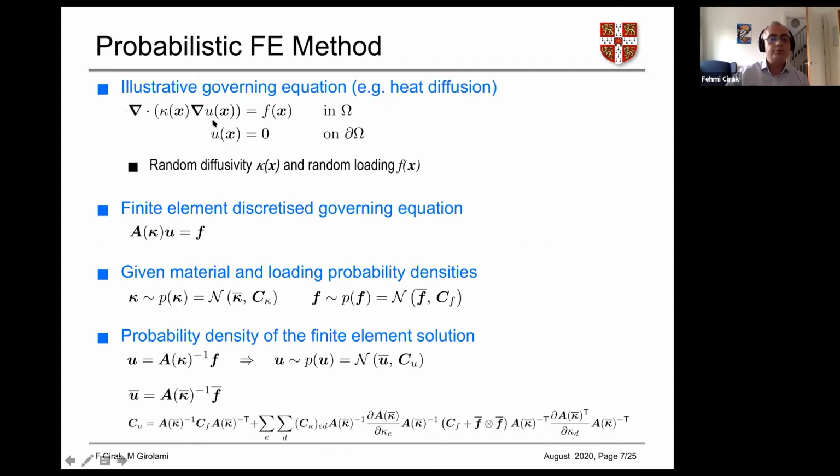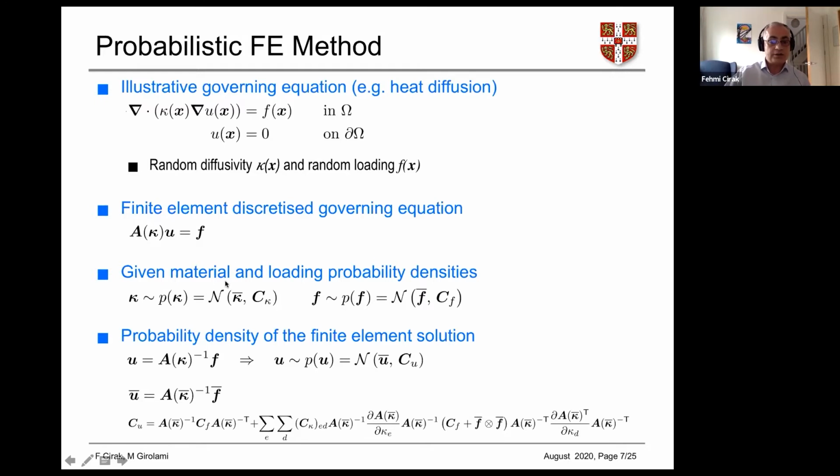So U will be here a temperature, and kappa is a random diffusivity, and F is a random loading. Then we do a usual finite element discretization, and we obtain this equation. A is a system matrix, like a stiffness matrix, U is a temperature vector, and F is the loading. So this is standard.